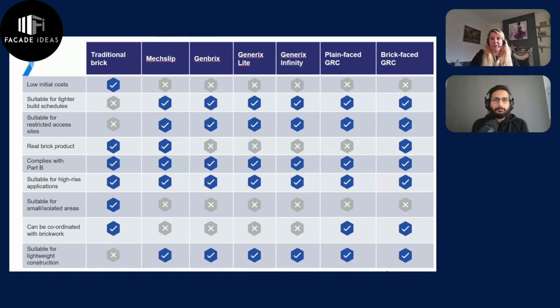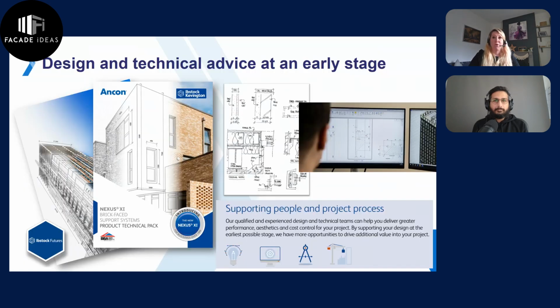We also offer a stone solution, and that's why they're on there. It's a very quick overview of the suitability of each product and what its different requirements are. That's why I can't emphasize enough, just check that it does what you need it to do for your specific projects. And I also cannot emphasize enough how early engagement is critical.